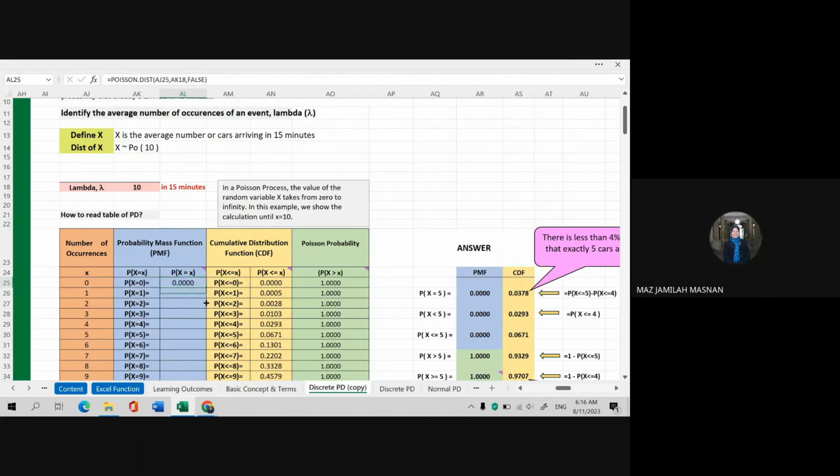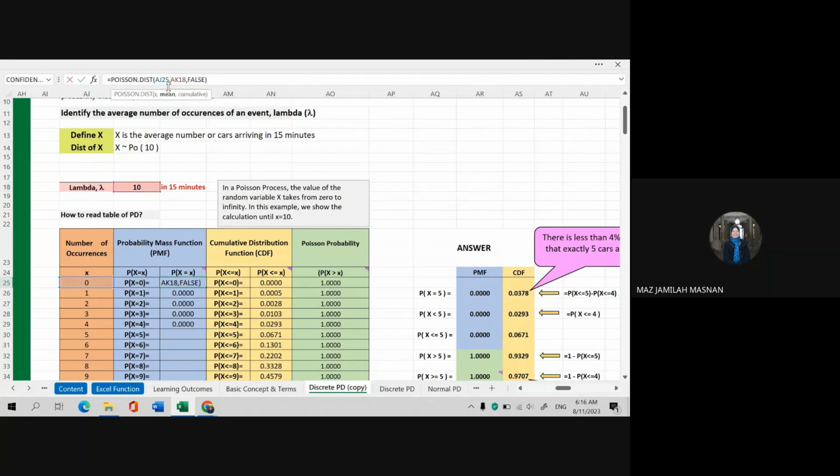Now before you can drag down, what you have to remember is that you have to fix the location of the mean or the lambda. Since you are using the same mean throughout your different number of successes, you have to lock down the location of the mean.